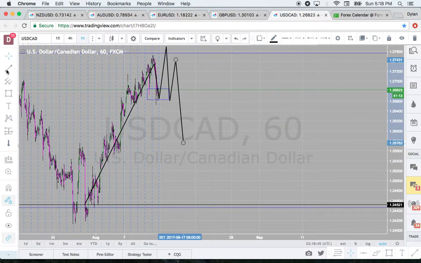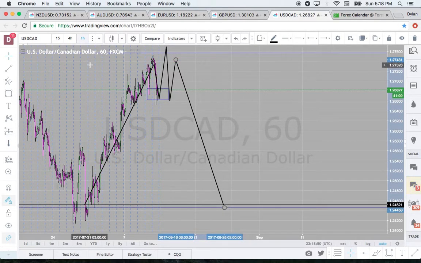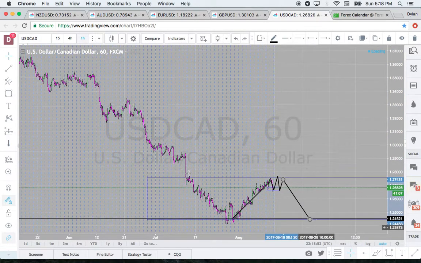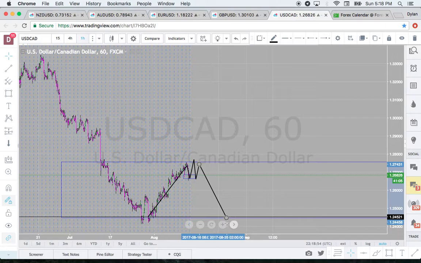So that downtrend could continue until meeting the low of the previous structure low here.